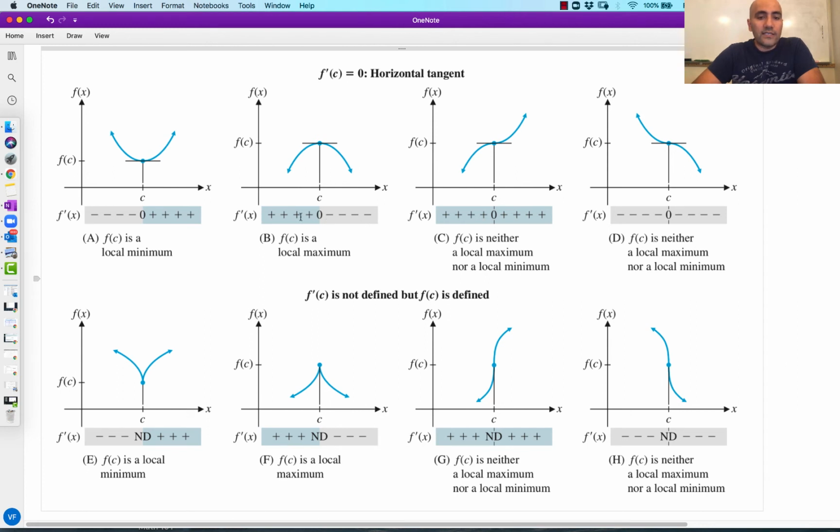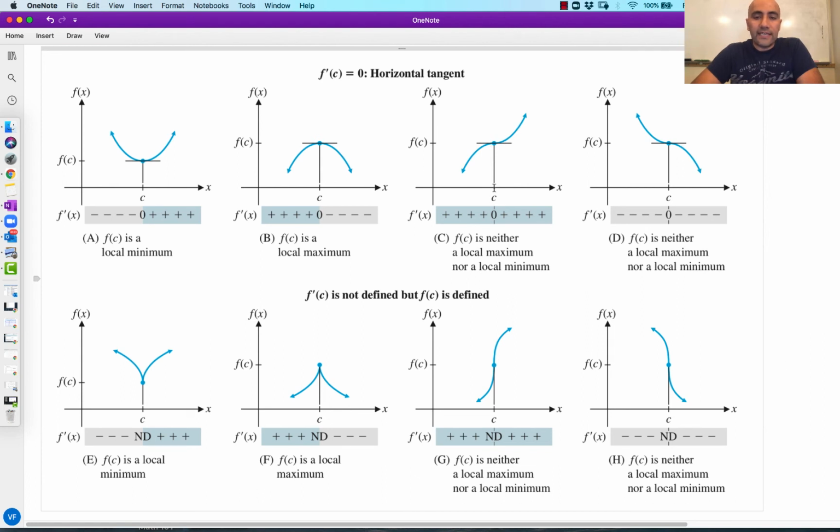And so we see a transition from that first derivative being positive to 0 to negative. When we see this transition, it defines a local maximum. Okay, so at c, we have a local maximum. Good. In this case, we have a case where f prime of c equals 0. So we have a horizontal tangent line.